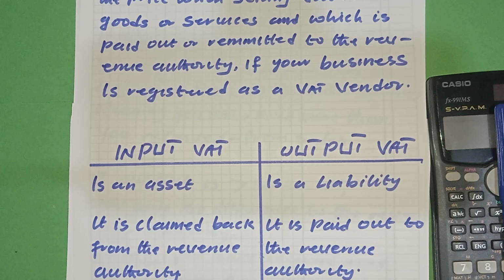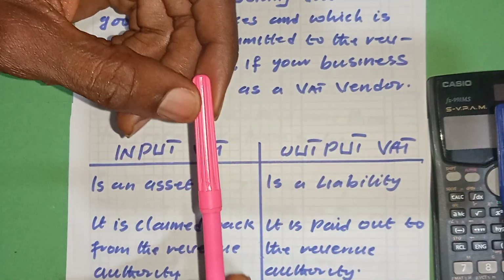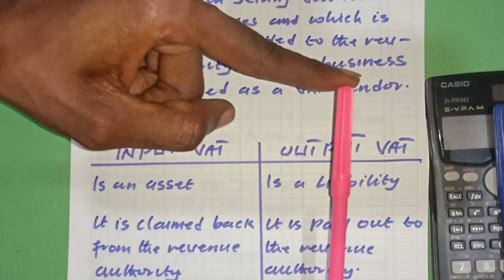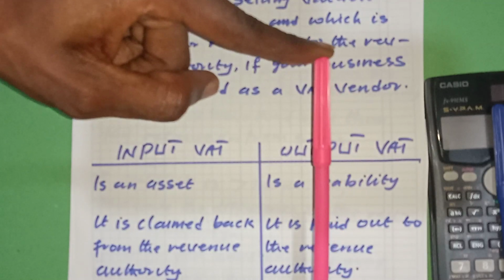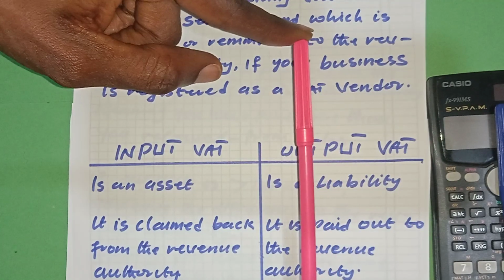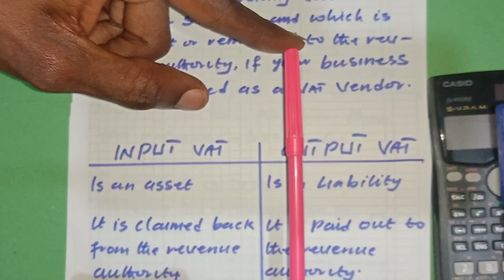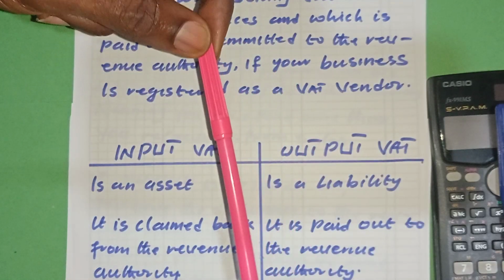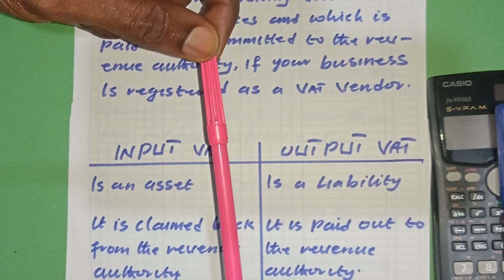Are you getting it? Now, for example, the tax amount you added in this purchase is 20 naira. It shows that the revenue authority is owing you what? 20 naira. Now, you sold these goods out for 120, and the tax element inside is 10 naira, let's assume.